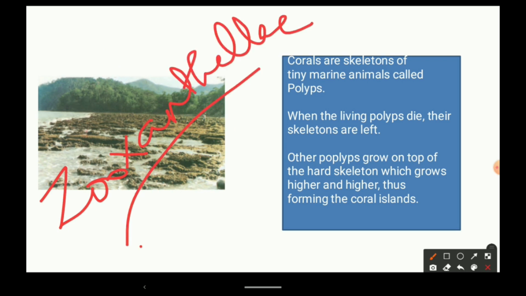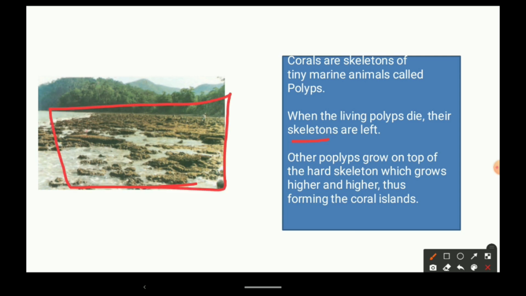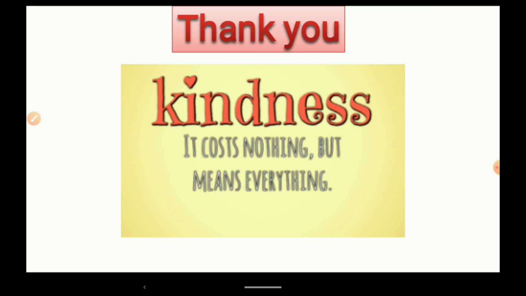This zooxanthellae keeps these polyps alive. When the living polyps die, their skeletons are left. On top of this hard skeleton, other polyps start to grow higher and higher, thus forming these kinds of coral islands. Thus, we have come to the conclusion.